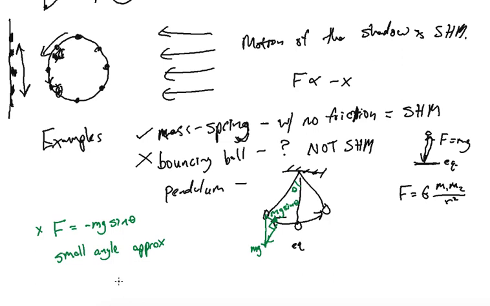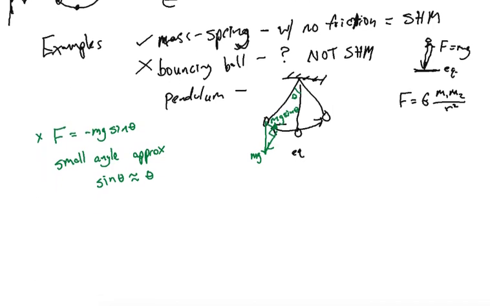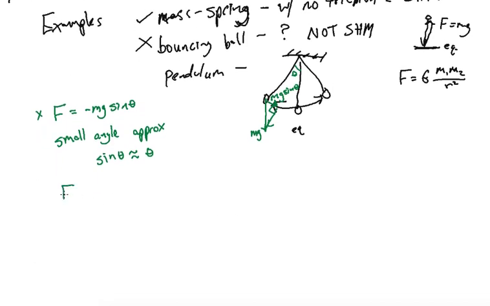So basically the small angle approximation says that if you're in radians, the sine of theta is approximately equal to theta, in which case F would become negative mg theta, approximately, for a small angle. We call this the simple pendulum because solving it with the sine of theta in it is really difficult. Doing this approximation for small angles, great.